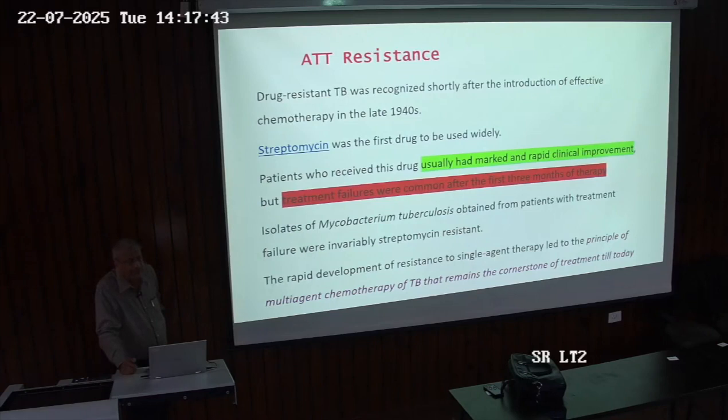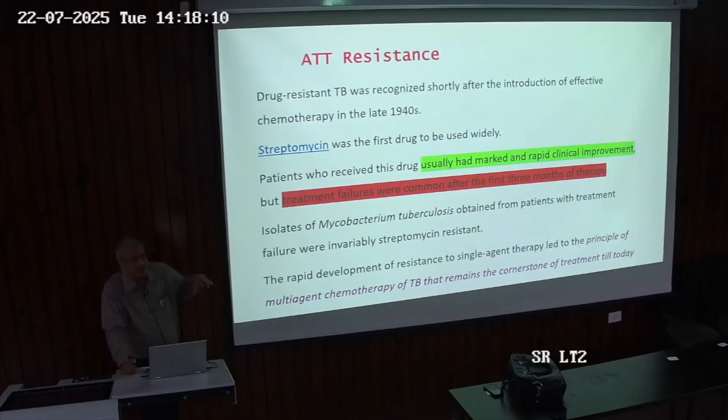When was it recognized? Drug-resistant TB was recognized in the 1940s, just after the discovery of streptomycin. Patients who received these drugs usually had marked and rapid clinical improvement within the first 3 months of therapy, but treatment failures were also frequent after 3 months.